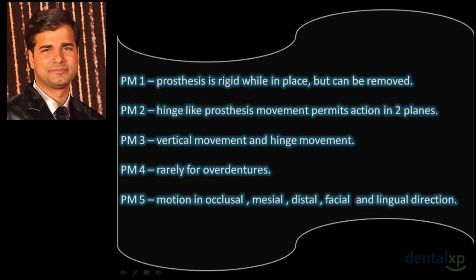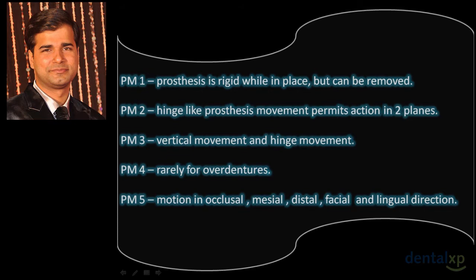But if the O-ring is placed on a complete arch bar in 4 different sites and the prosthesis rests on the superstructure bar, it may be a PM1 restoration movement. A hinge-like prosthesis movement permits action in 2 planes. A hinge, action in 2 planes. Therefore, it's a PM2 prosthesis.